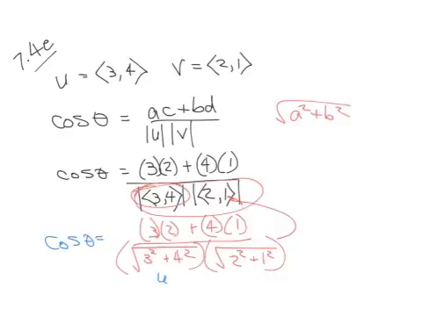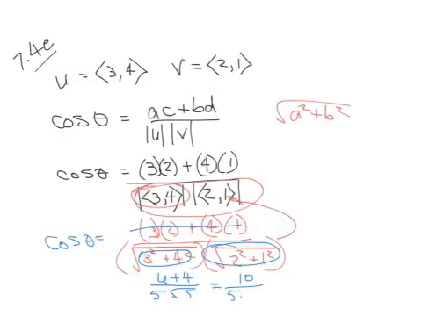So we've got 6 plus 4 on top, over 9 plus 16 is 25, square root of 25 is 5, times square root of 4 plus 1 is 5, so times the square root of 5. So that's going to be 10 over 5 square root of 5, which is 2 over the square root of 5.